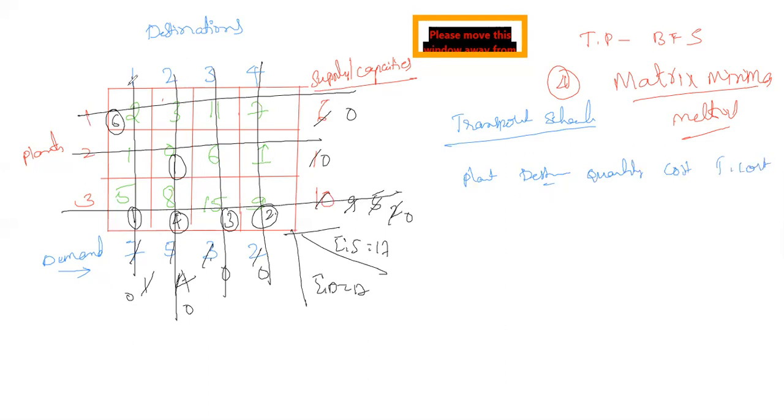From the first plant, first destination, quantity is 6, cost is 2, total it is 12. Next is 2, 2. From the second plant, second destination, 1, cost is 0, the value is 0. Next, 3, 1. In the 3, 1, 1 quantity, rupees cost is 5, total is 5. So in the 3, 2, what is the value here?